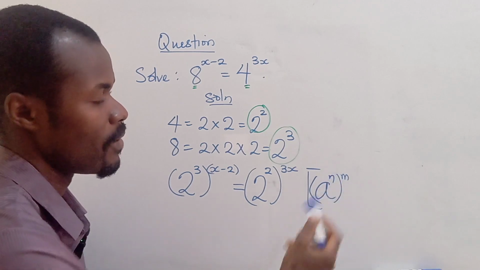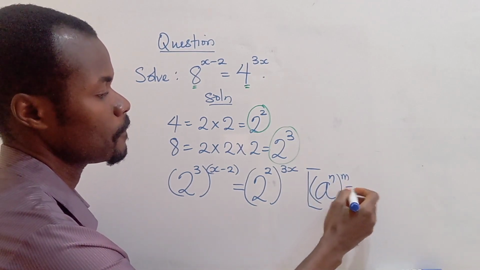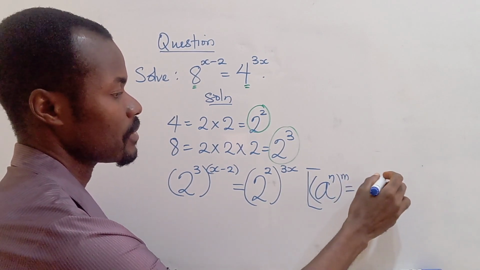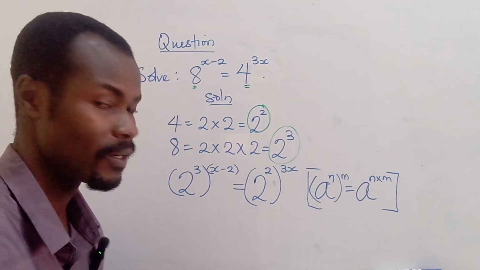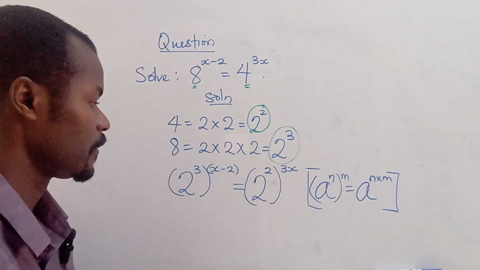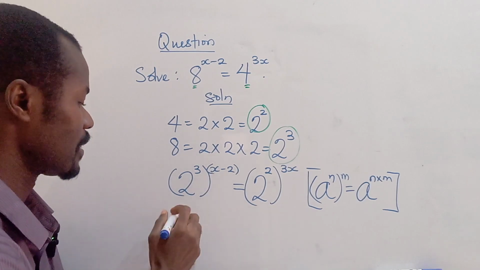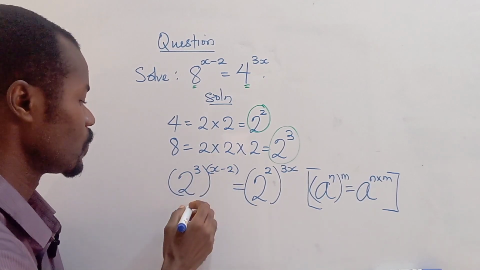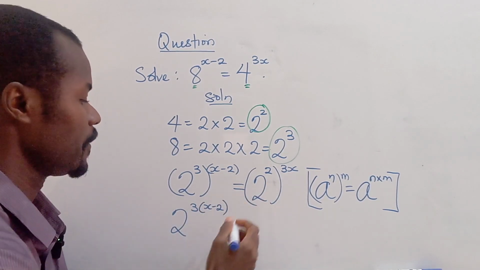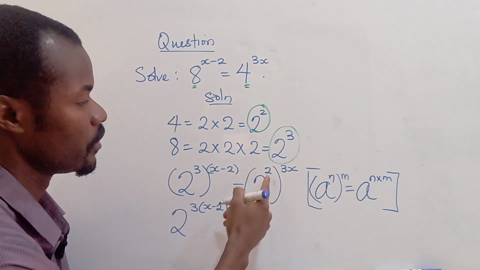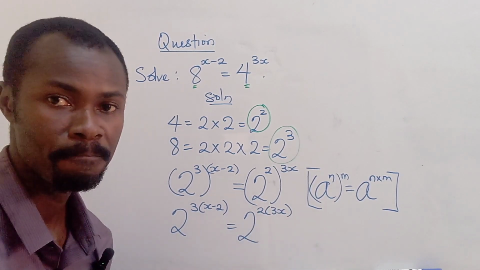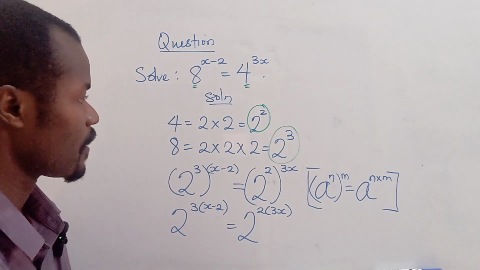When you have a double power like this, all you need to do is multiply the powers, n times m. This is one of the laws of indices, so we apply it here. 3 multiplies x minus 2, and here we have 2 raised to power 2 multiplied by 3x. Let's simplify further.